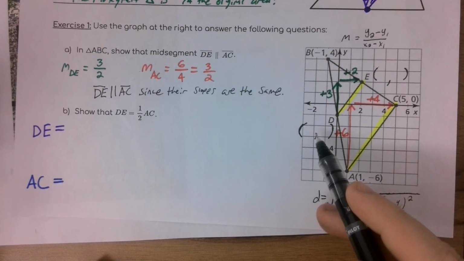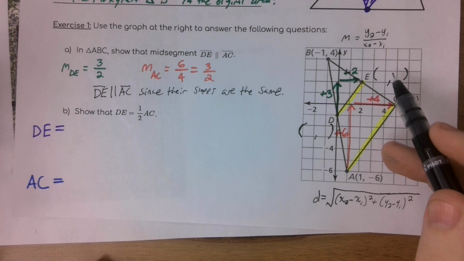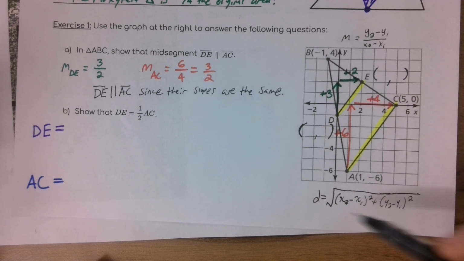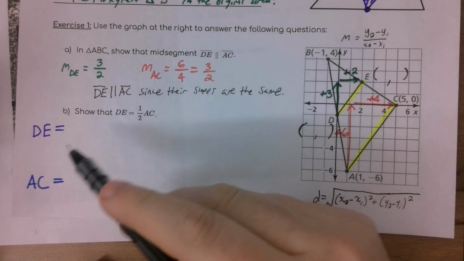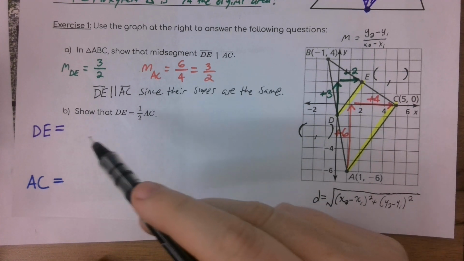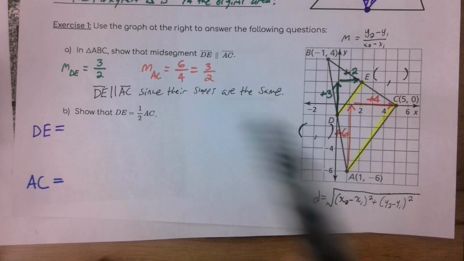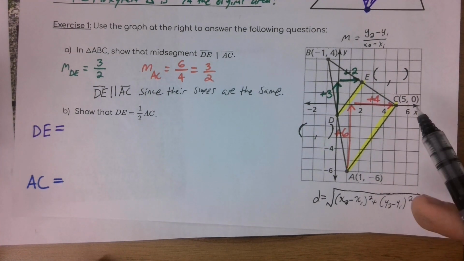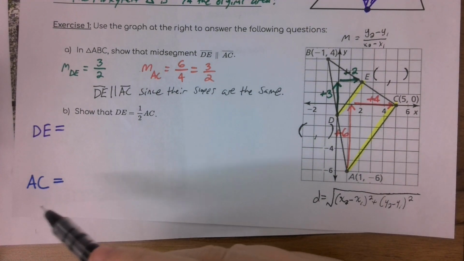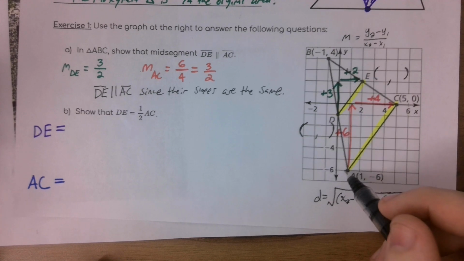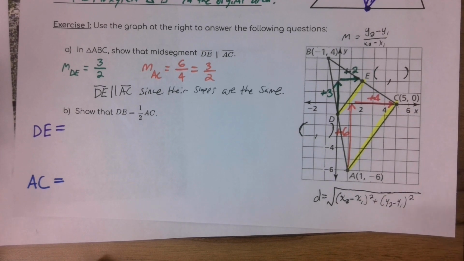Step 1, find the coordinates of D and E. Step 2, plug them into the distance formula to find how long DE is. You're going to want it as a decimal, so you'll need your calculator. Finally, step 3, take a look and see if you can use the distance formula on line segment AC. Pause the video and give it a shot.